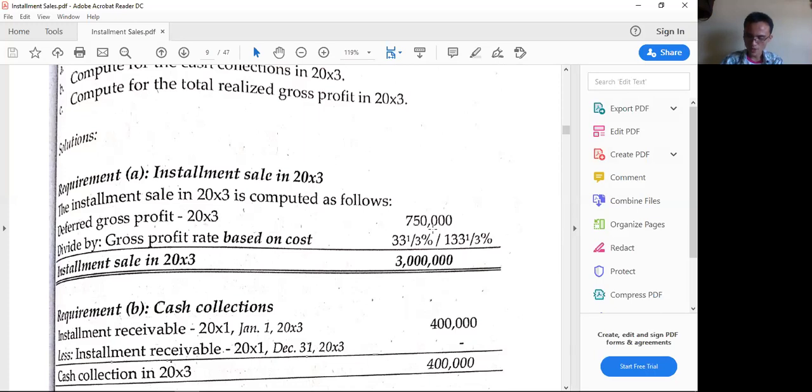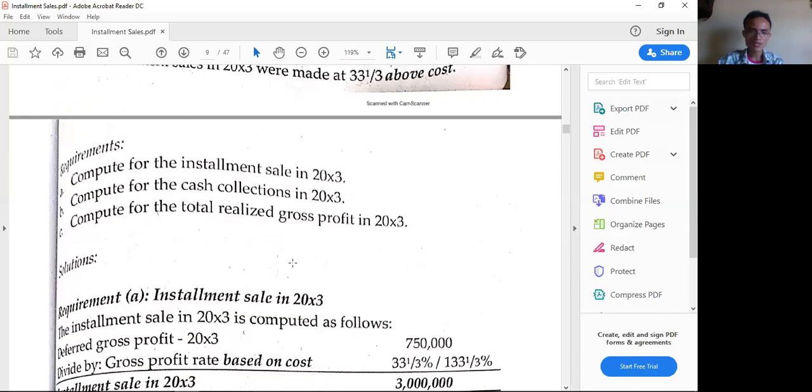For a while, 1/3 divided by, so that could be 25%. Let's check. Okay, so 750 divided by 25%, which is the result of this one, equals 3 million. Okay, so hopefully our calculators are ready here. All right. Then what else?